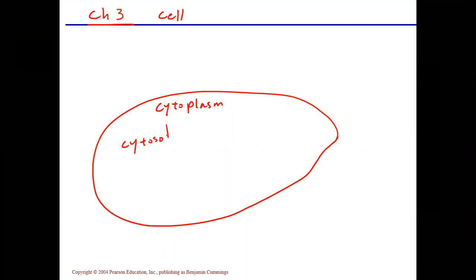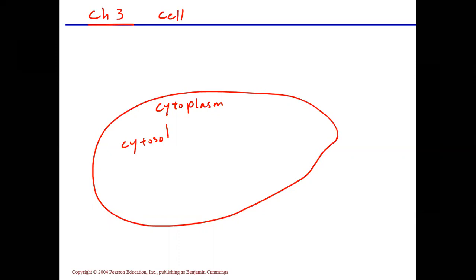Cytosol is a semi-transparent fluid in the cytoplasmic material that is the mixture of colloid and other solution. Basically, it means the fluid part. This could be water along with other stuff in the water, sugar, salt, things in that nature. So the content of it is called the cytosol.